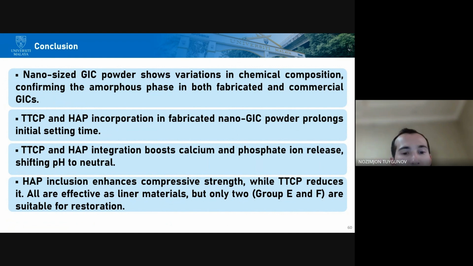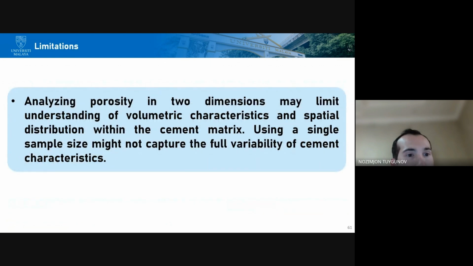TTCP and HAP integration boosts calcium and phosphate ion release, shifting the pH of our material to a more neutral environment. HAP inclusion enhances compressive strength, while TTCP reduces it. All are effective as a liner material, but only two groups, which are E and F, are suitable for restoration.